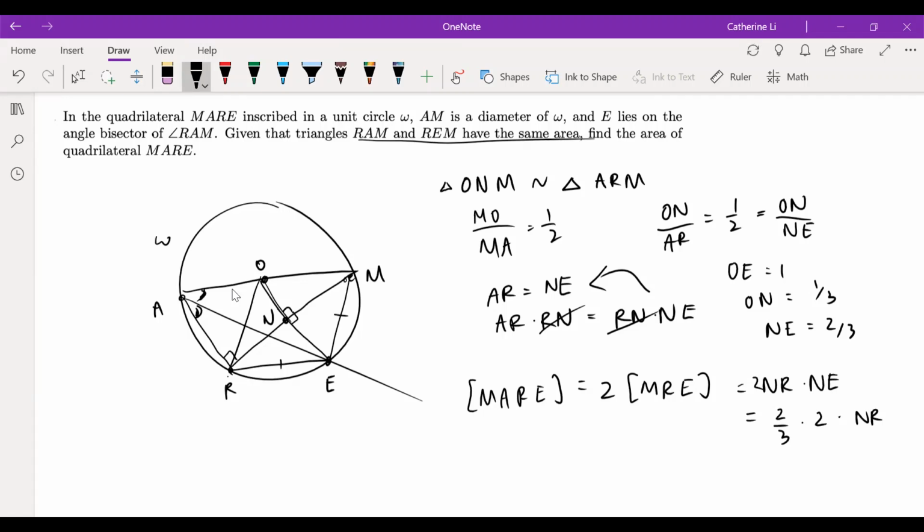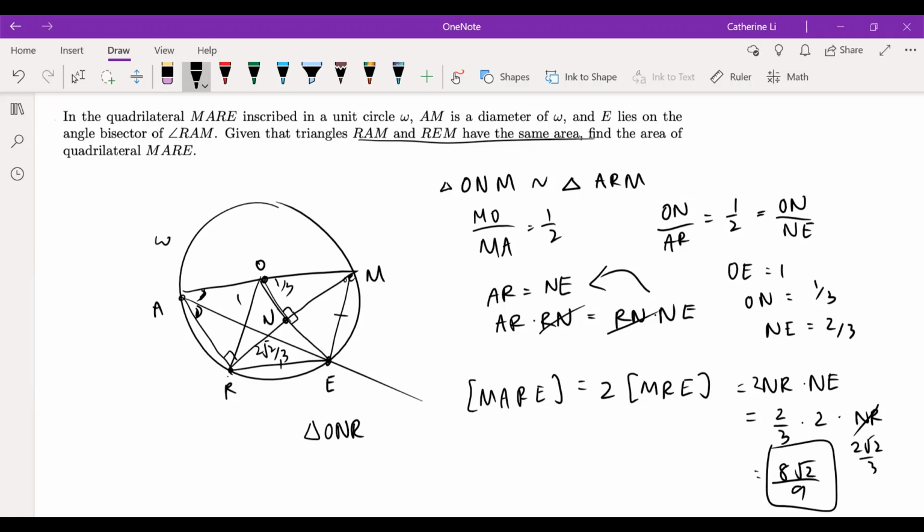So NR is going to be 2√2/3 because if we use Pythag on triangle ONR, we know its hypotenuse is 1 and one of its legs is 1/3. So the other one is 2√2/3. So we get 8√2/9 as our answer.